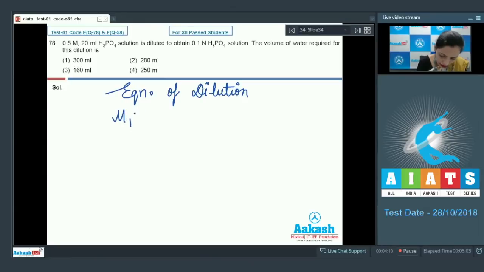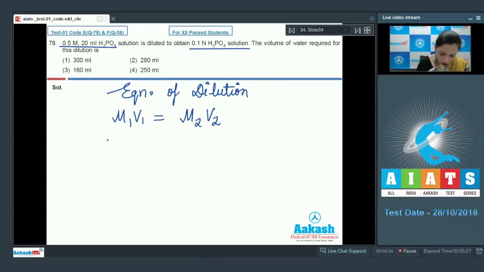That is M1V1 is equal to M2V2. We have one solution with the help of which we have to prepare another solution. Initially, we have the solution which has the molarity 0.5 molar and the volume is 20 ml. And finally, we have to prepare another solution of the same substance, 0.1 normal H3PO4.